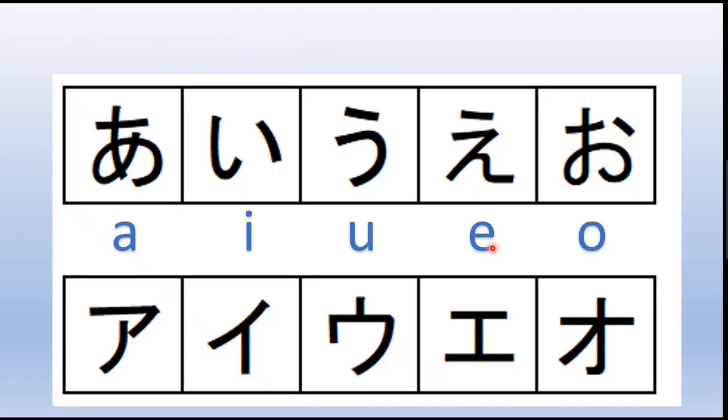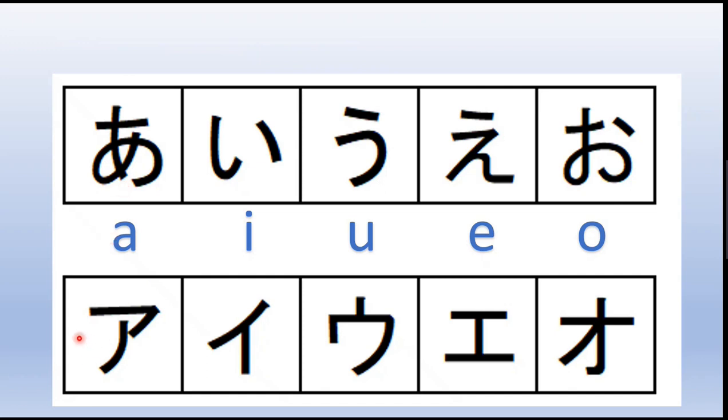So this is the first line of the Japanese alphabet system, which is the line of vowel sounds a, i, u, e, o. The top line is in hiragana, and the line at the bottom is written in katakana. Hiragana we have already studied in this course, and in this lesson we are going to study the katakana symbols.